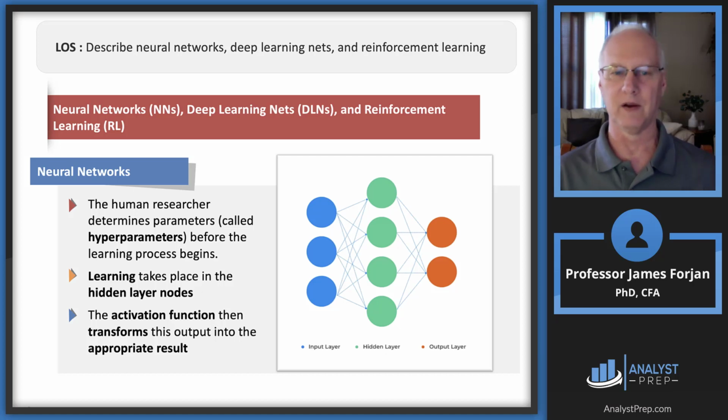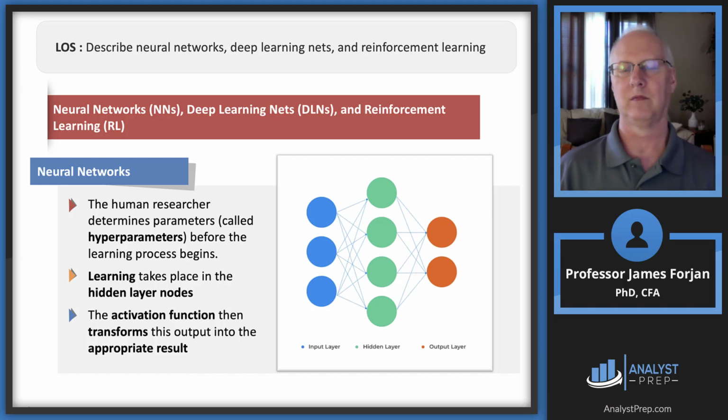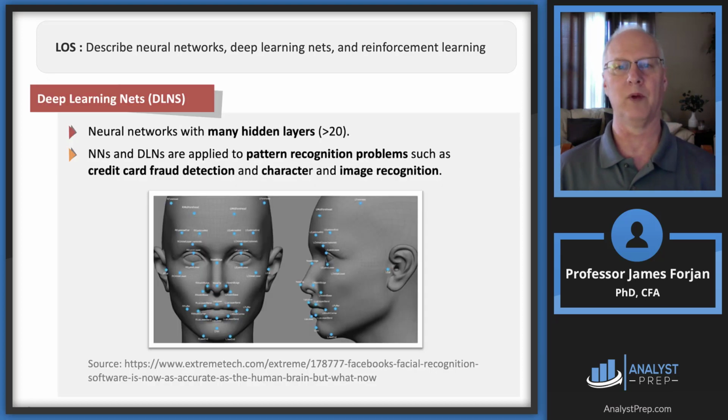All right, once again, we've got to come up with this hyperparameter, and this is, as I said before, such a big challenge. And so the machine learning occurs in that hidden layer. It takes the input layer, learns from it, and then produces the appropriate output.